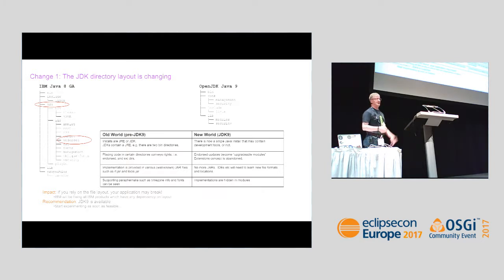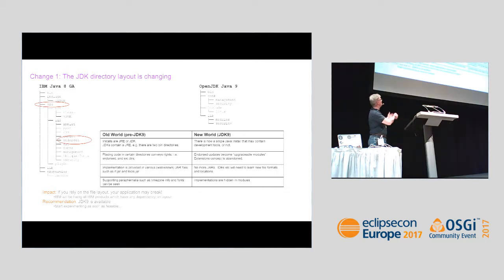Now, I pointed out here from an IBM standpoint, we're modifying all of our IBM products when we do support Java 9. We are modifying our products that are dependent on the layout. If any of you are traditional WebSphere customers, you know that we're very dependent on the layout of the JDK, and we ship the JDK with traditional WebSphere, and we're very dependent on that layout.